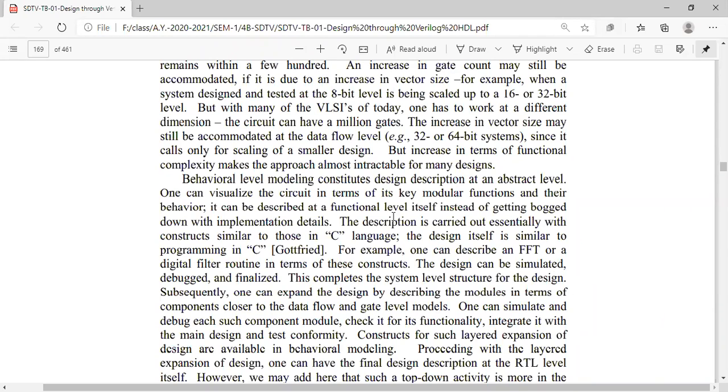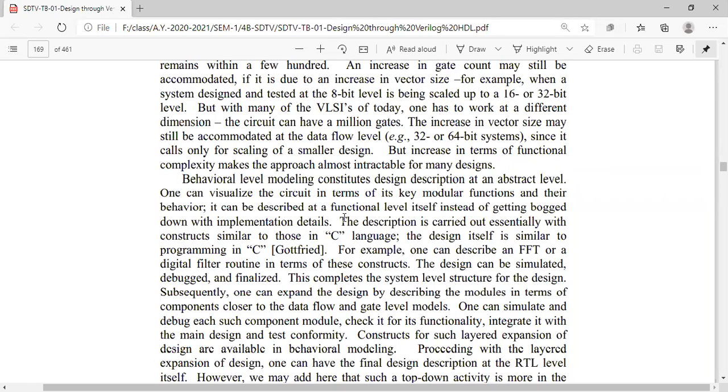So if you go with this Verilog HDL coding, it will be similar to our C language coding. In the C language also, we will be mostly describing in the behavioral model. When we learn the C language, we never initiated whether it is a data flow model or behavioral model or structural model.